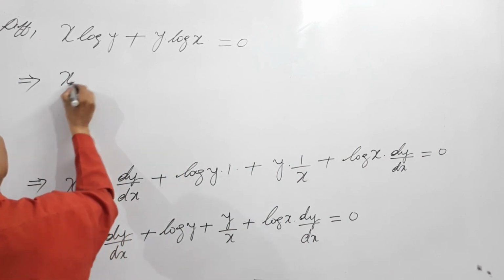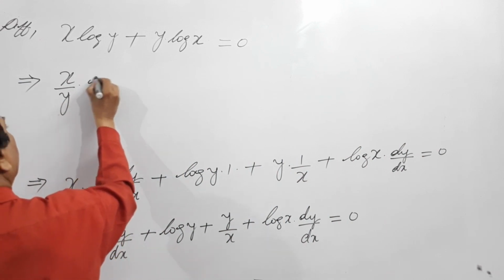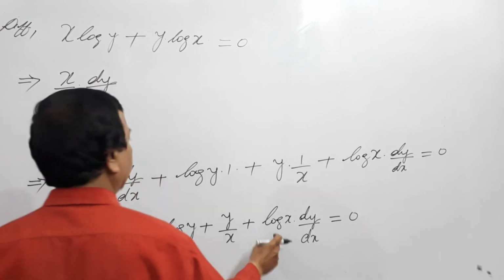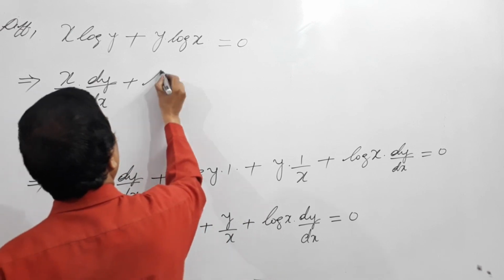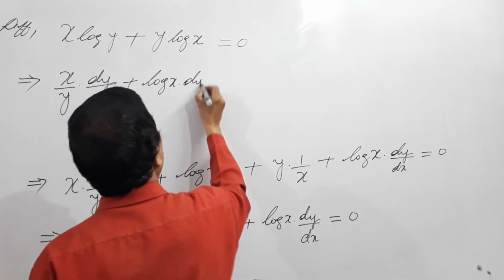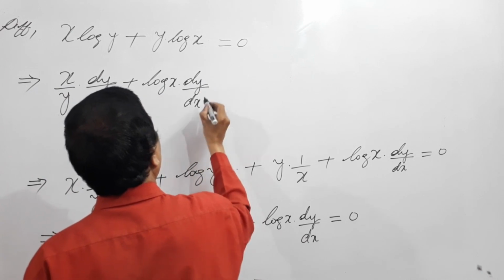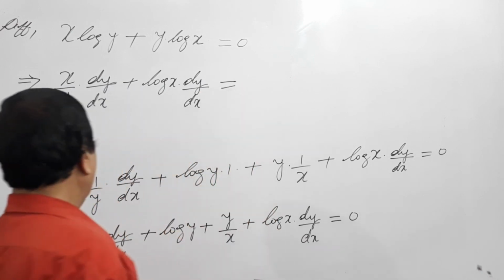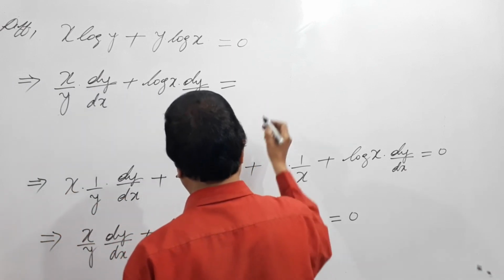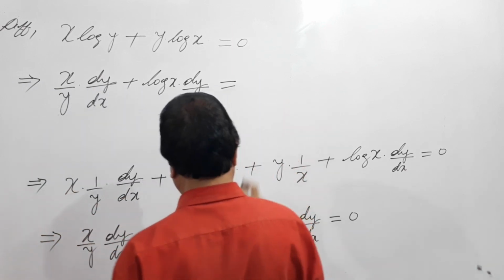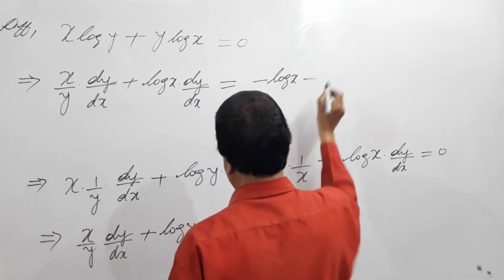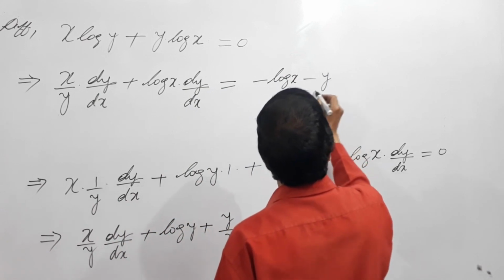This is x by y into dy by dx plus log x into dy by dx equals, I will transfer the rest to the right hand side, minus log y minus y by x.